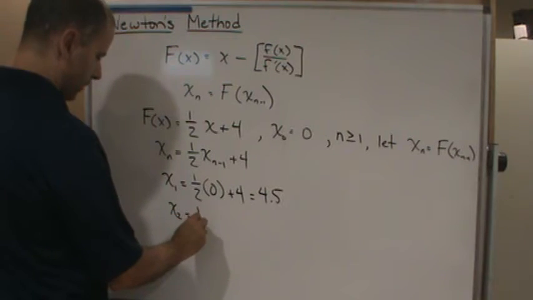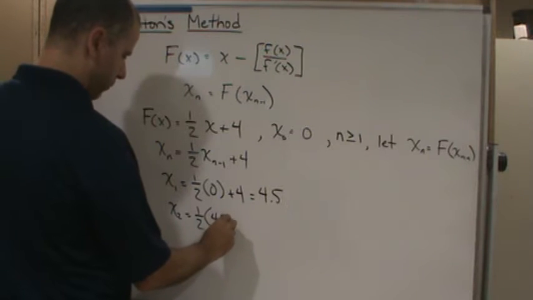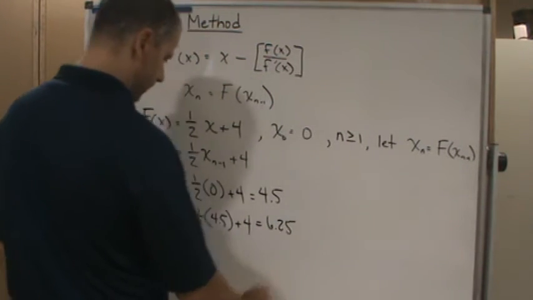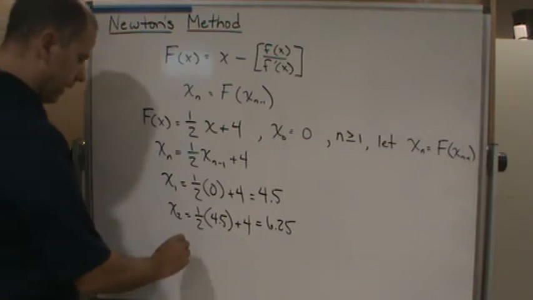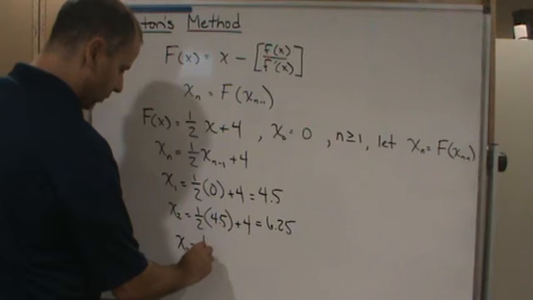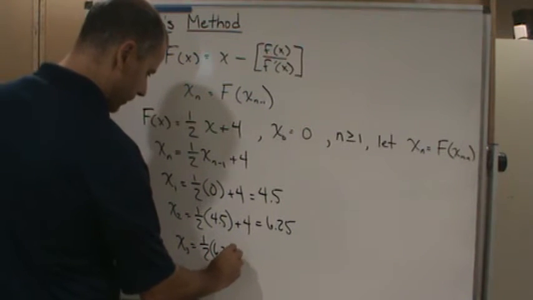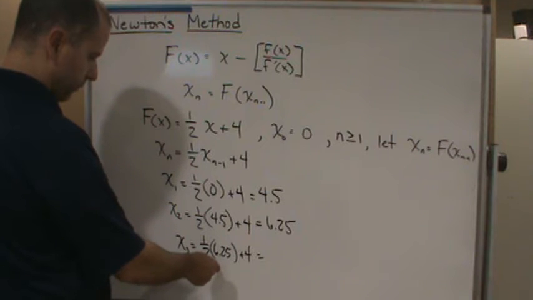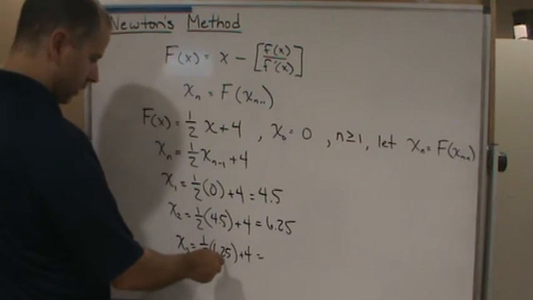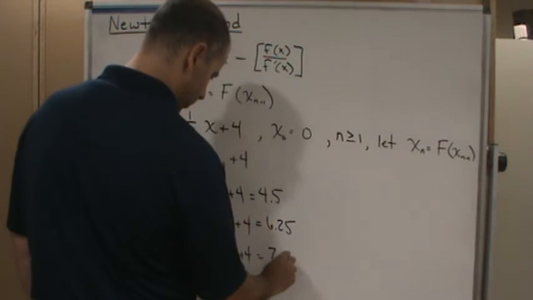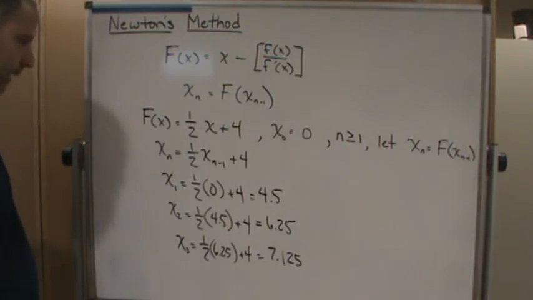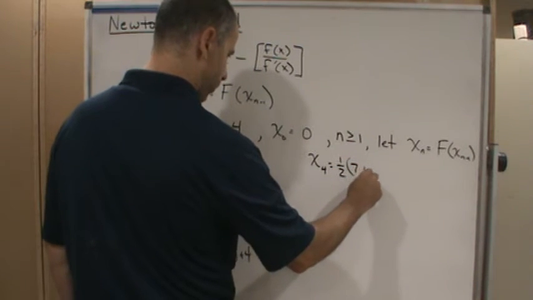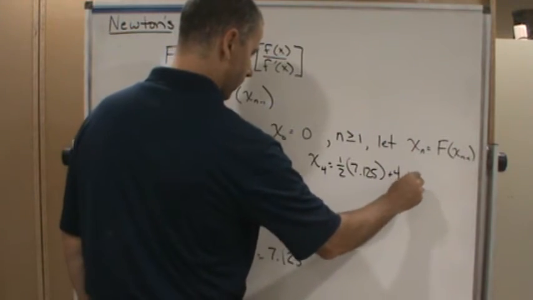Then x2 is 1/2 times 4.5 plus 4, which is 6.25. Then x3 is 1/2 of 6.25 plus 4, which is 3.125 plus 4, which is 7.125. Now x4 is going to equal 1/2 of 7.125 plus 4.